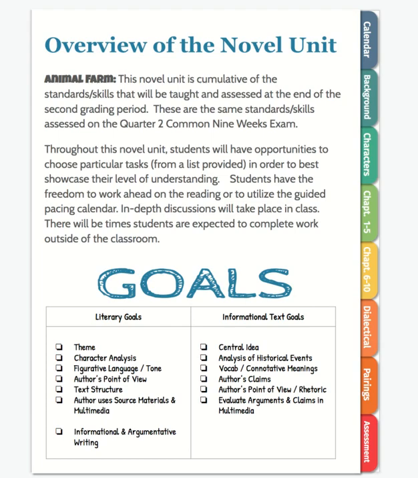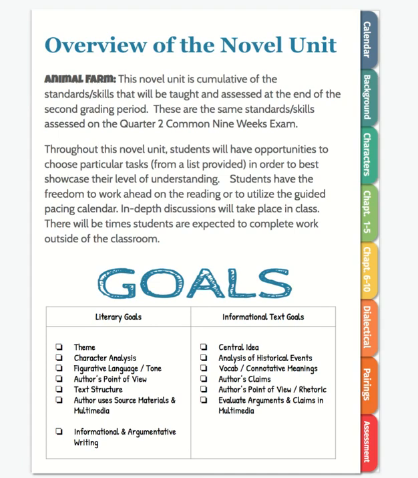The author, what he's claiming in his novel. It's a little secret message that as we're reading, we're going to figure out what he's trying to get across to us. And then, of course, we'll be evaluating some of the claims he's making and looking at these claims and applying them to multimedia we see today, such as in maybe debate campaigns or advertisements, ads, commercials, those types of things.